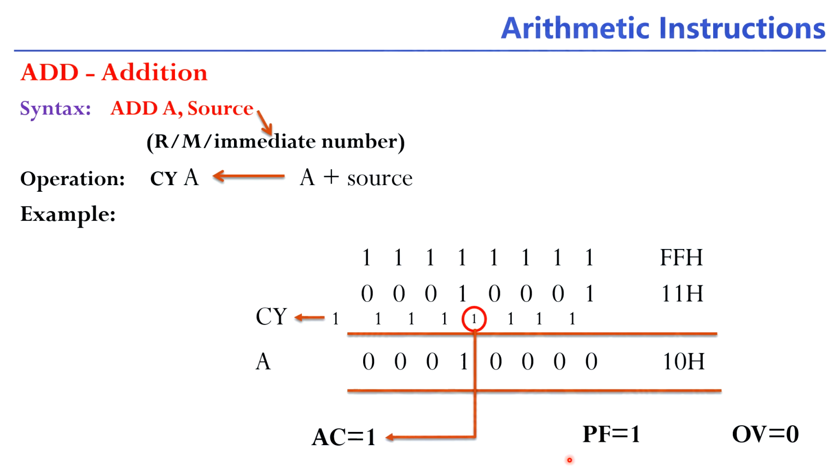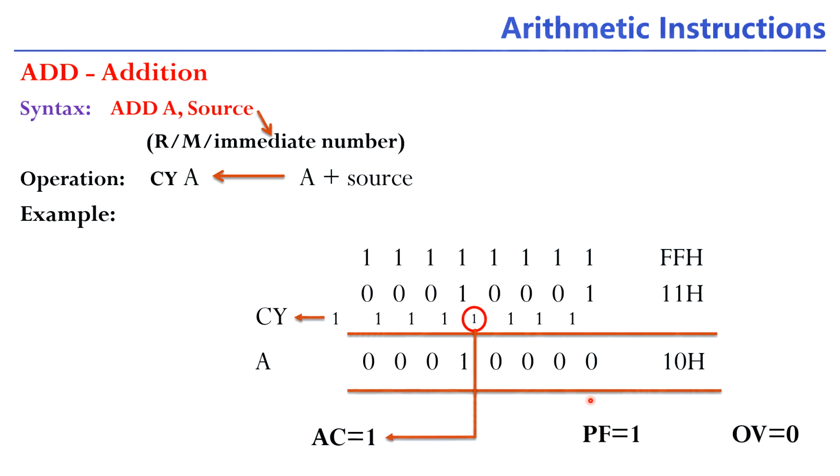Okay, so here we can see carry, auxiliary carry, parity flag, overflow flag. First of all, the overflow flag is 0 because this number is not a signed number. That means the overflow flag is 0. That one is finished, right? This is not affected, noted.